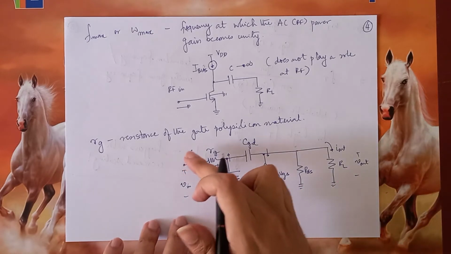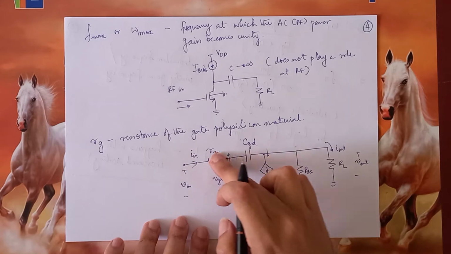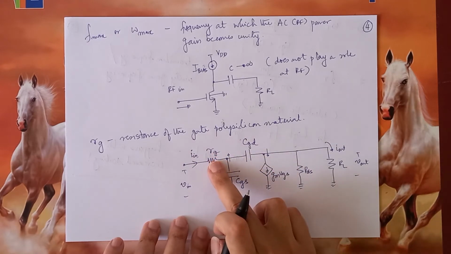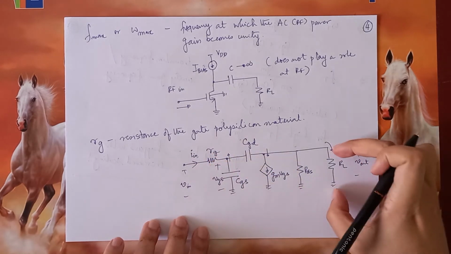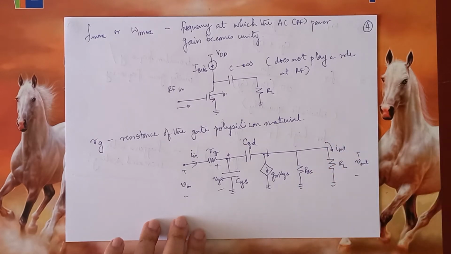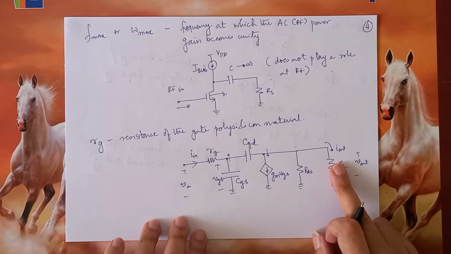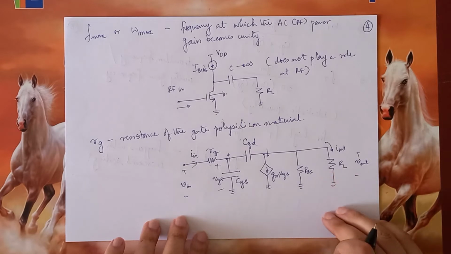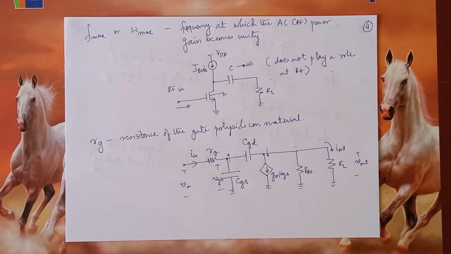And then you can calculate what's the power that's being delivered to the gate resistance over here, and what is the power that is delivered to the load, and the frequency at which that happens, or the frequency at which the active power gain essentially becomes 1. That is the frequency we are looking for.